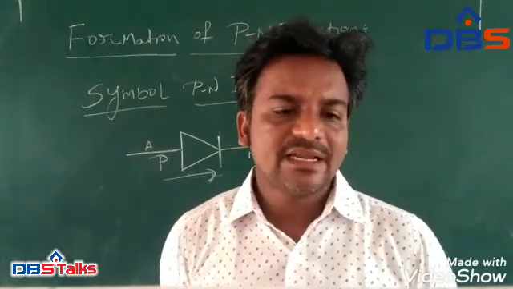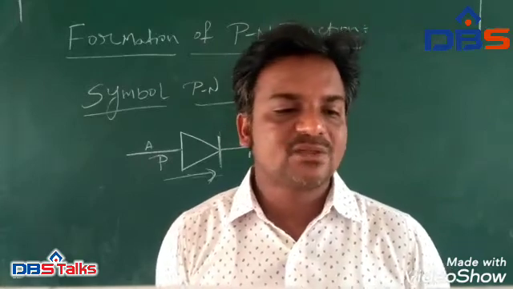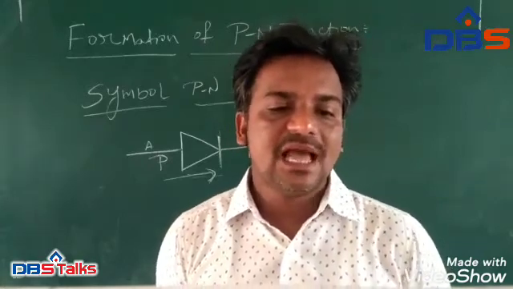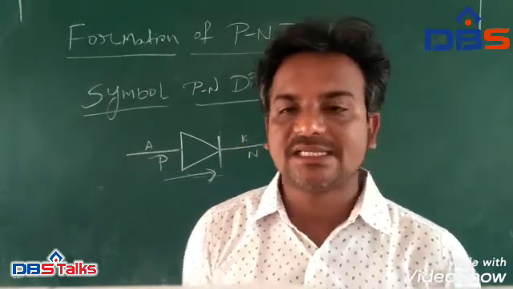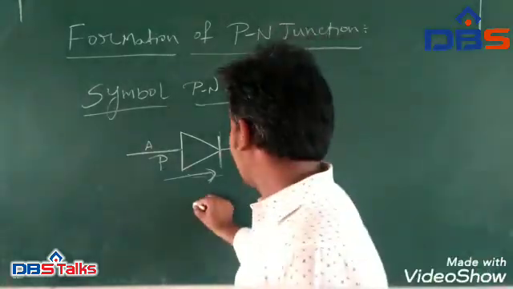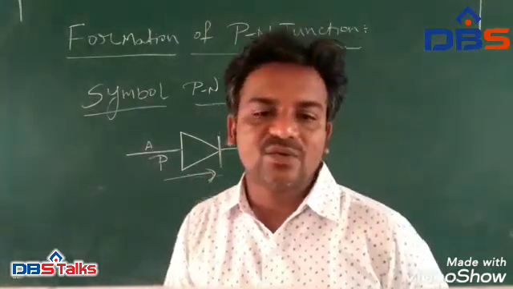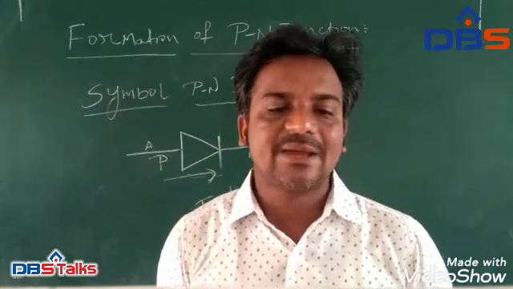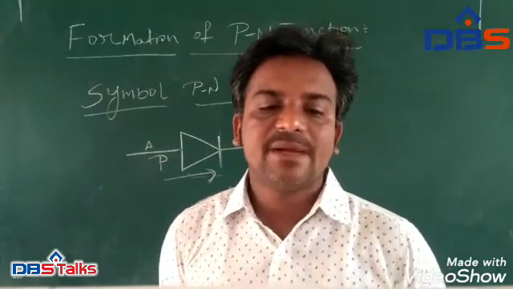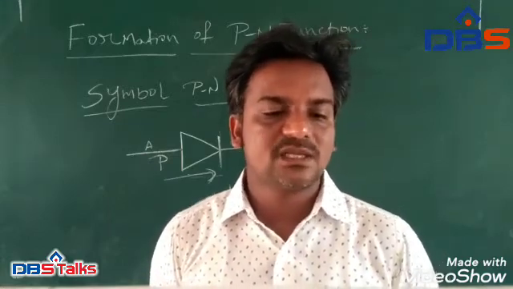However, the diode does not behave linearly with respect to the applied voltage, as the diode has an exponential current-voltage, that is I and V, relationship. Therefore we can't describe its operation by simply using an equation such as Ohm's law.